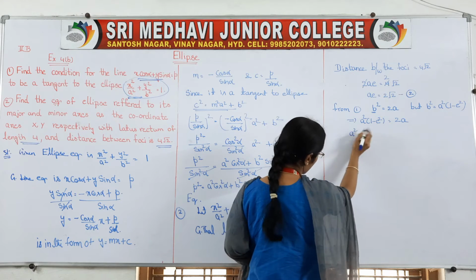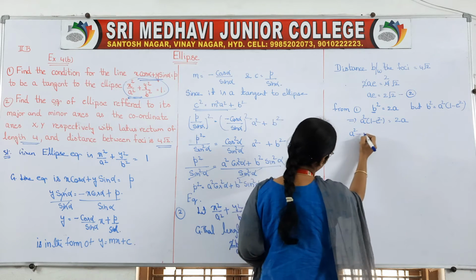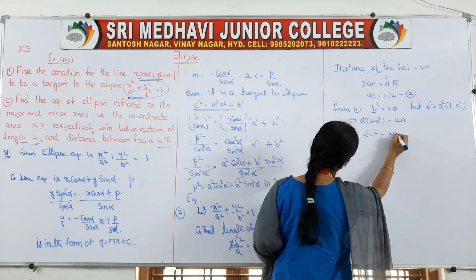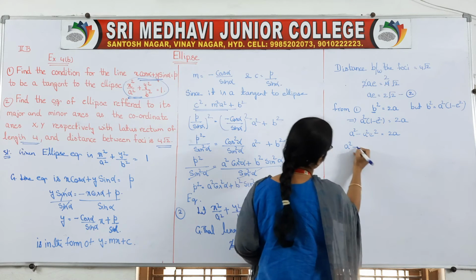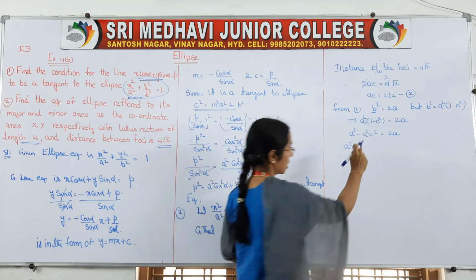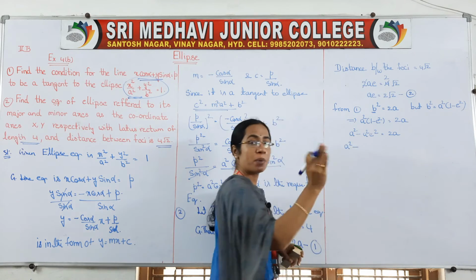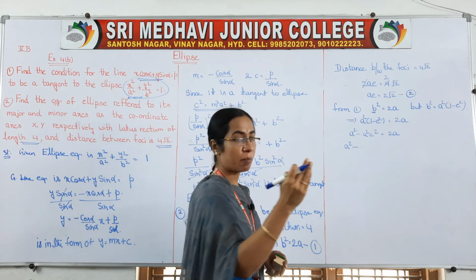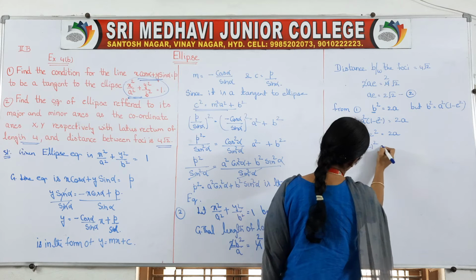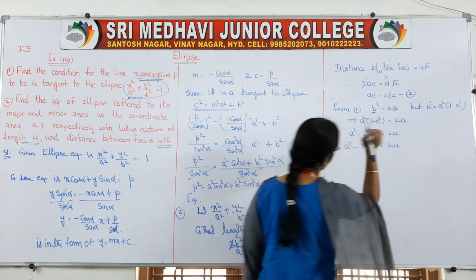Open the brackets: a square minus a square e square is equal to 2a. We can write a square e square as ae whole square. In a product, if the power is the same, we can take the power combinedly. So it is ae whole square is equal to 2a.